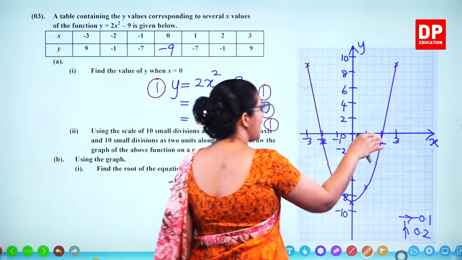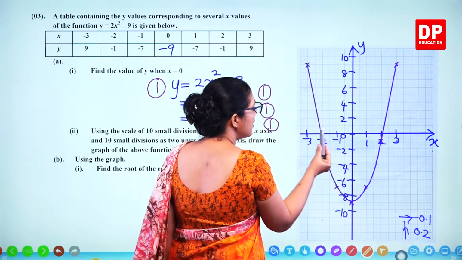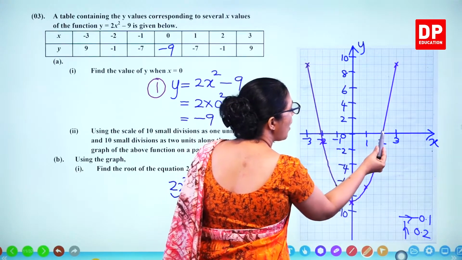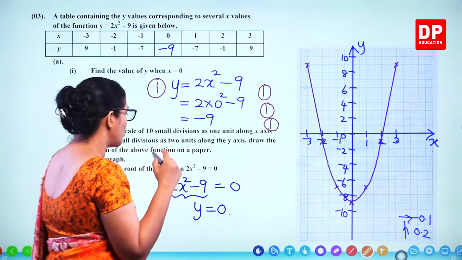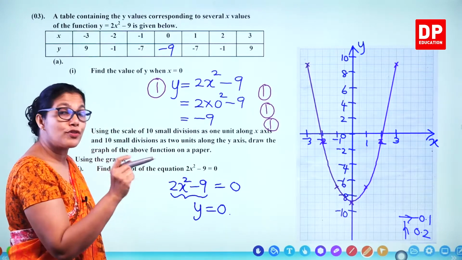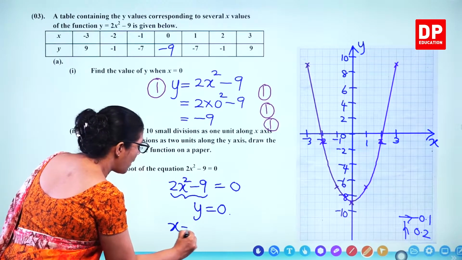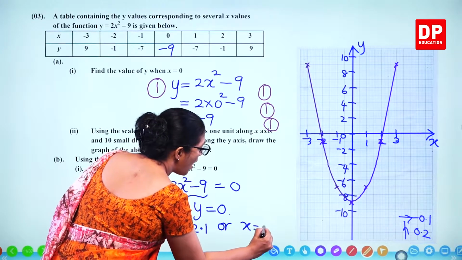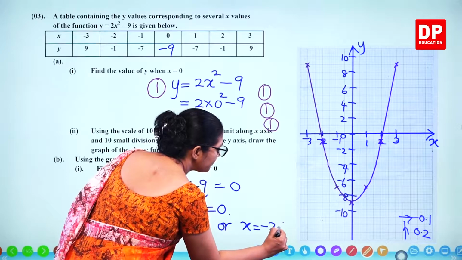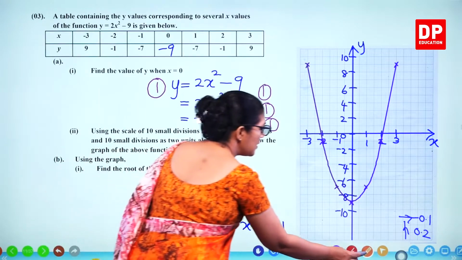So when you draw the line where it cuts the curve, minus 2.1 and plus 2.1. So you can write, by referring to the graph, x can be plus 2.1 or x can be minus 2.1. So those are the solutions.